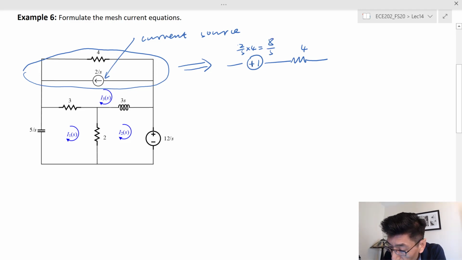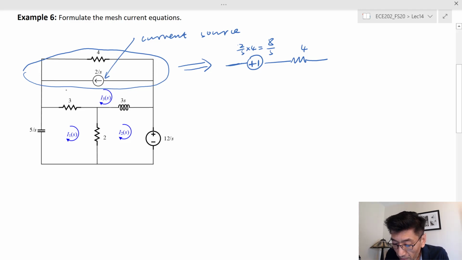And pay attention to the orientation of the polarity of the voltage source. The plus on the left and the minus on the right. If you put the minus on the left, then in that case you need to put a negative sign, right? So we are not going to make our life too difficult, so I'm following this.